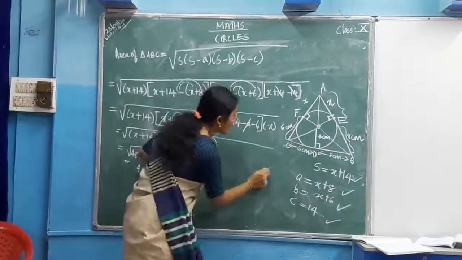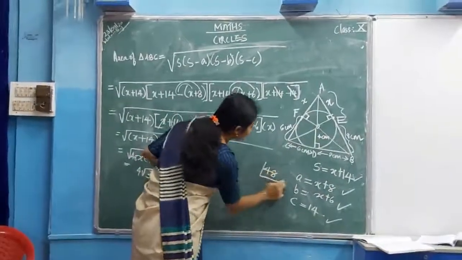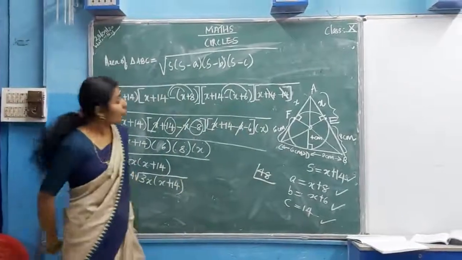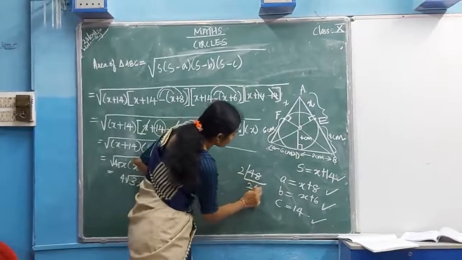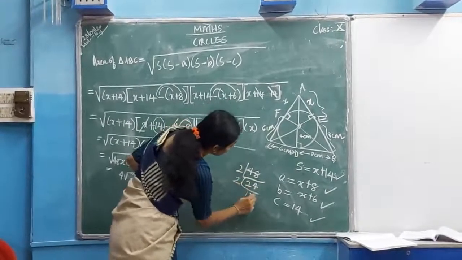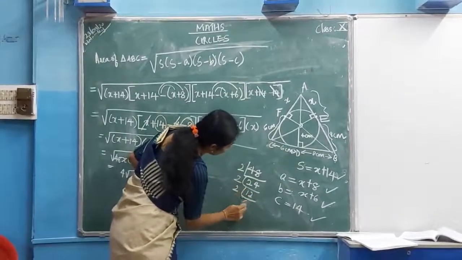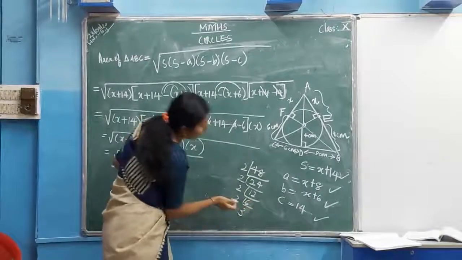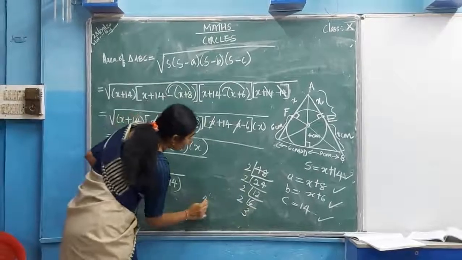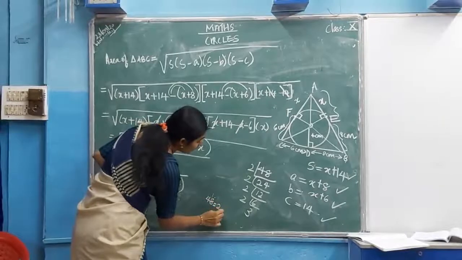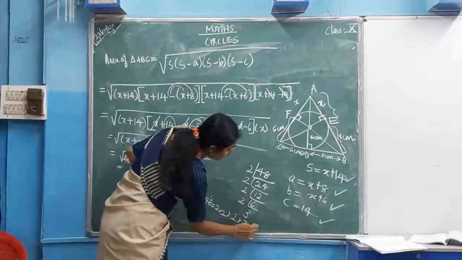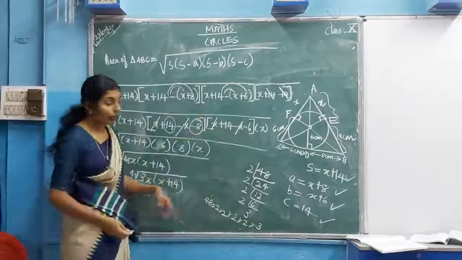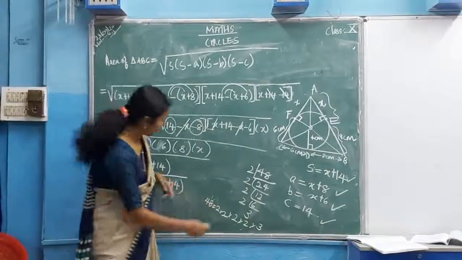Now when you are factorizing 48, what you will get? 48 is 2 multiplied by 2 multiplied by 2 multiplied by 2 multiplied by 3. So what is the square root of 48?